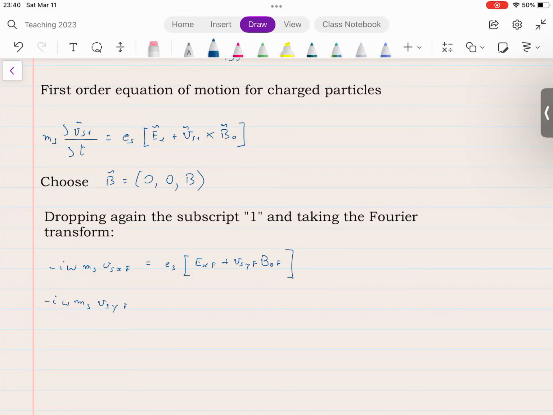And the y component is going to be pretty similar. The first piece doesn't change. The first piece is the same for all of the directions, all components. This is going to look also extremely similar. Here I have E_y instead of E_x, and here I'm going to have v_x instead of v_y.